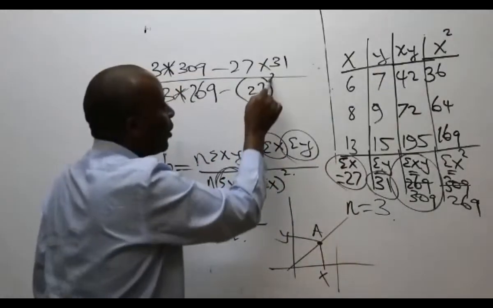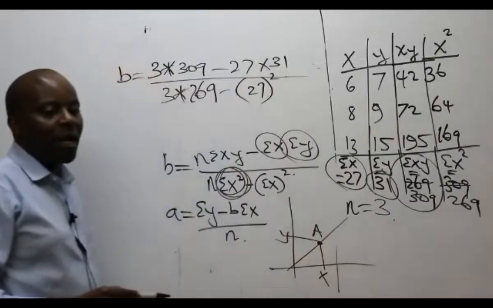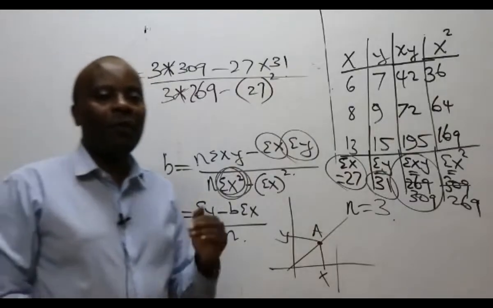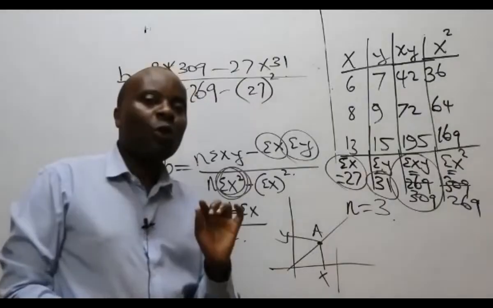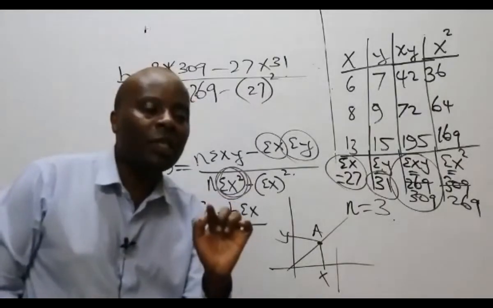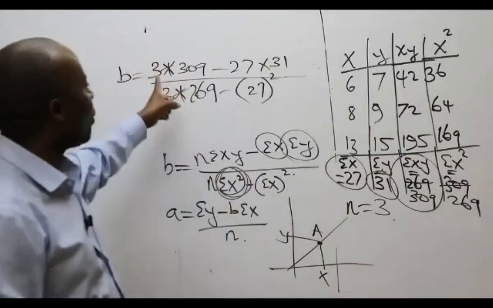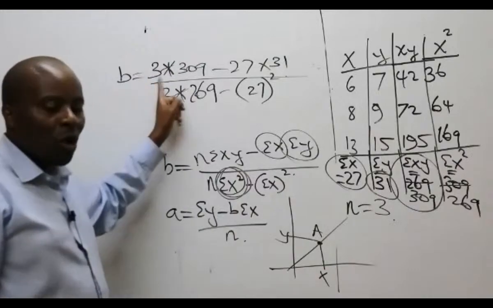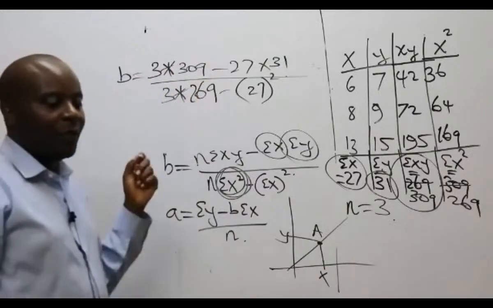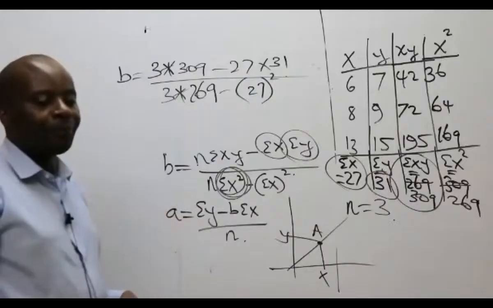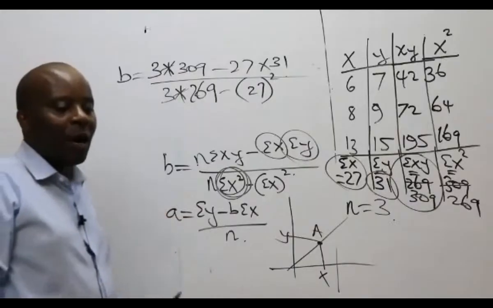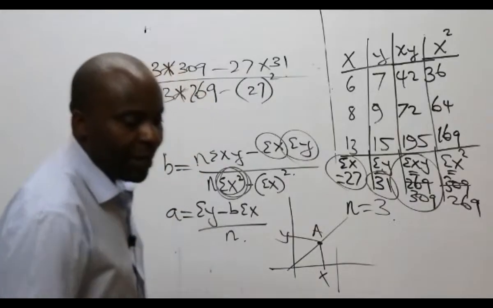And then outside the bracket, we square. So could you kindly do me a big favor and give me the value of the numerator? Please, using your calculator, give me the value of the numerator. So according to Fatma Mohammed, it is 90.